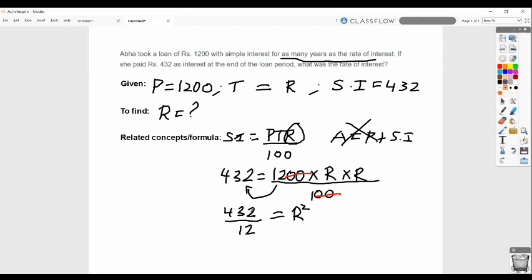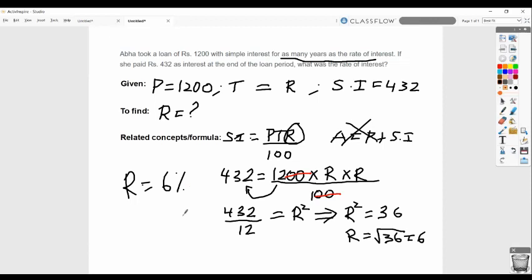If we simplify this 432 over 12, if we divide that, what are we getting? We are getting r square is equal to 36. Now, if r square is 36, we know that r will be equal to square root of 36, and that is nothing but 6. So, the rate of interest is 6%.